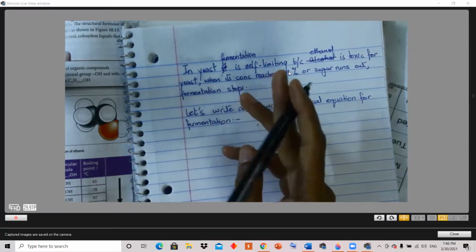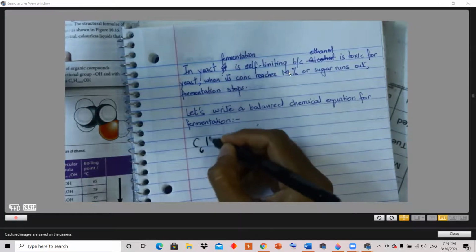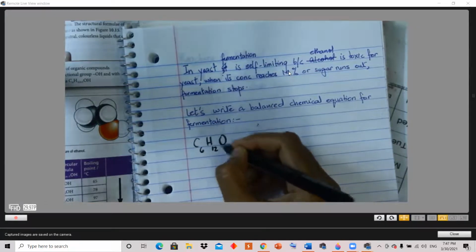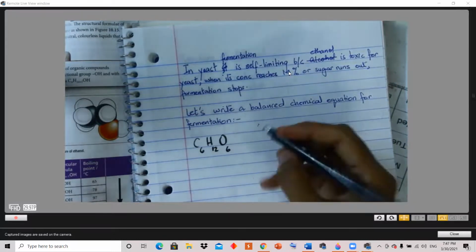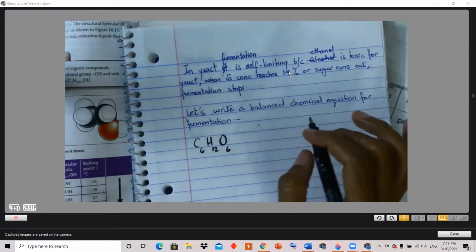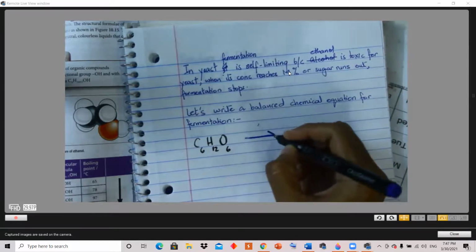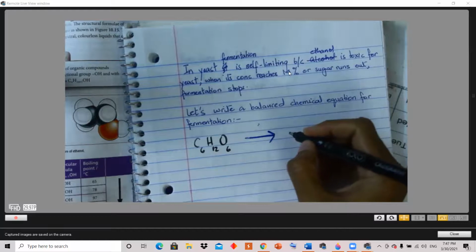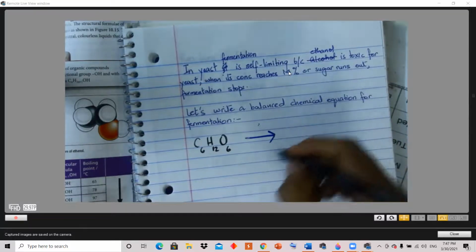C6H12O6. Very good. It's worth remembering. We won't write any oxygen because this is anaerobic. Okay, what are the products? We know ethanol. What's the formula for ethanol?